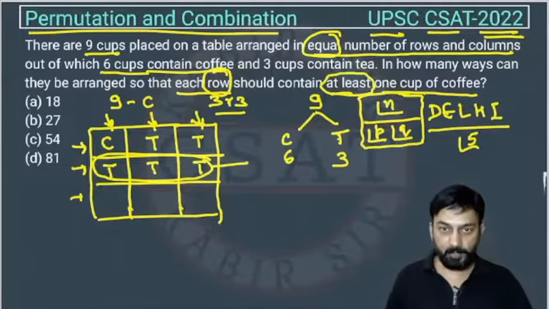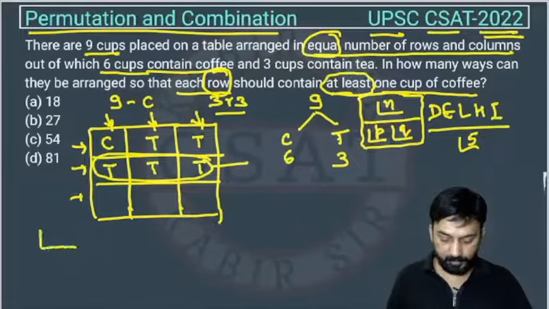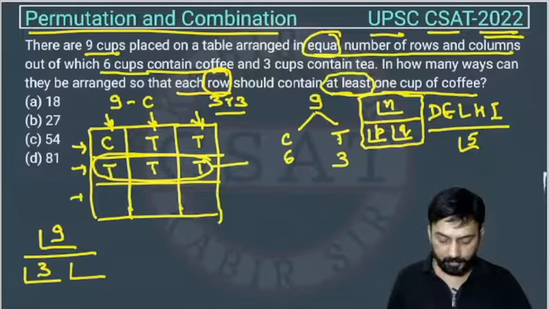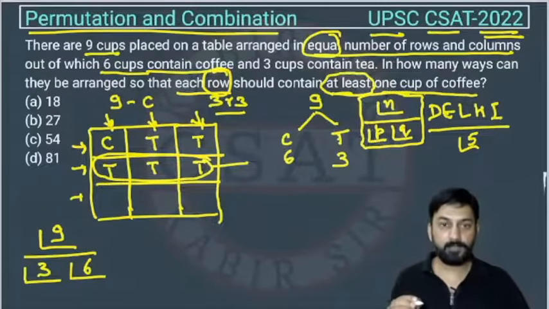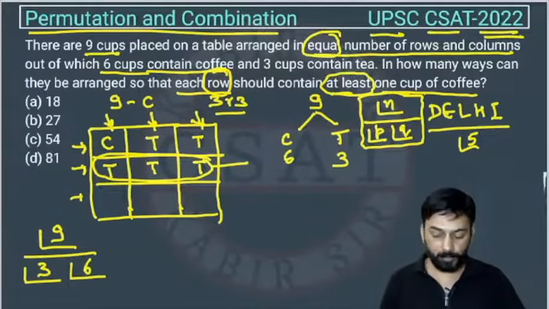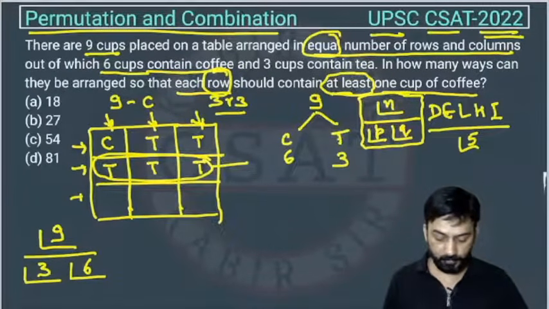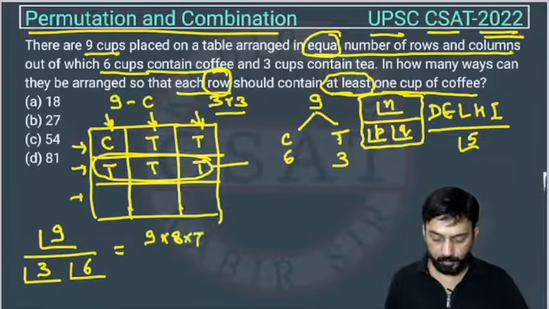So in how many ways can we arrange them? We can arrange them in 9 factorial upon, because 3 are of the same type, tea, and the other 6 are of the same type, coffee, right? I am not looking at how exactly they are arranged, I am just saying they are arranged somehow. So all the possibilities I am considering here. So this will be 9 into 8 into 7 and factorial 6, upon factorial 3, which is 3 into 2, and factorial 6.